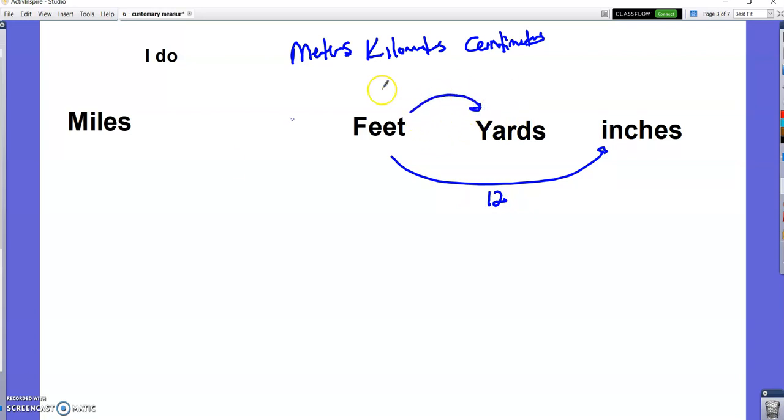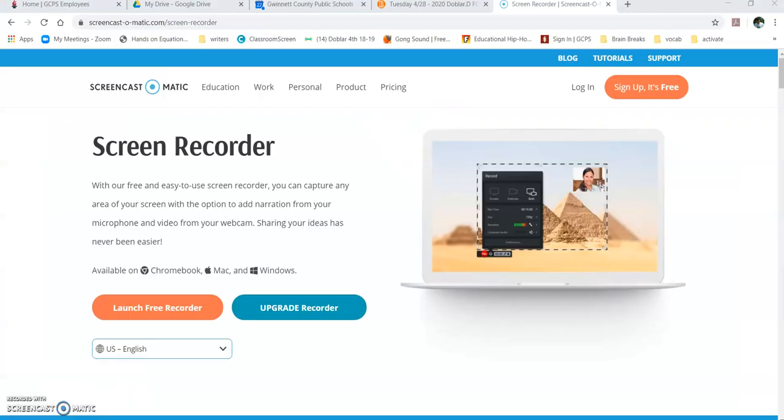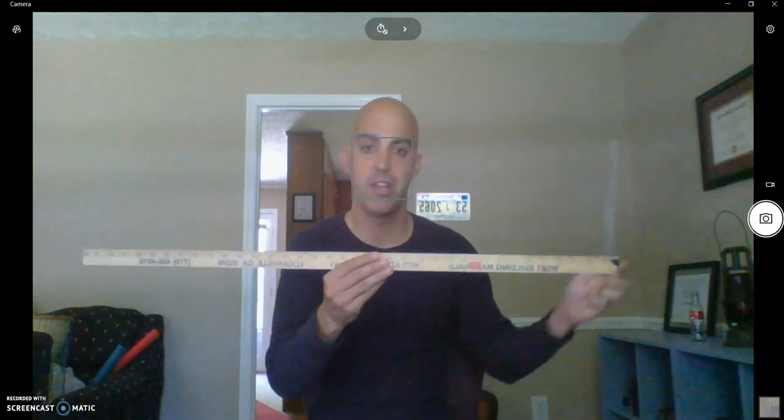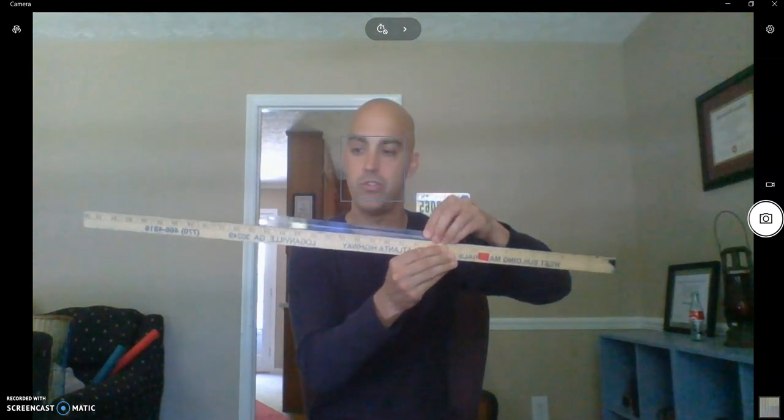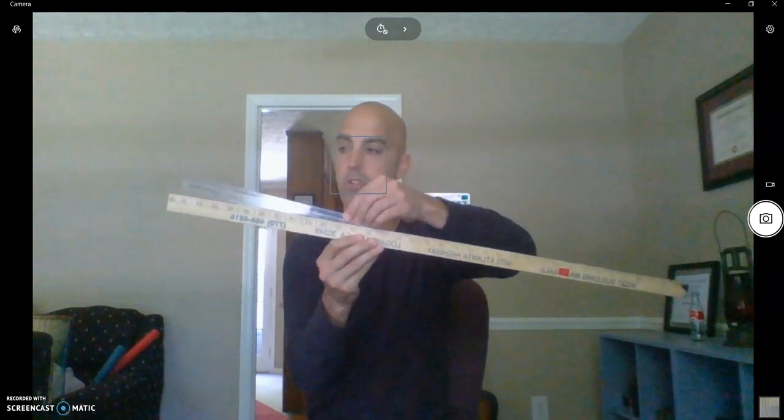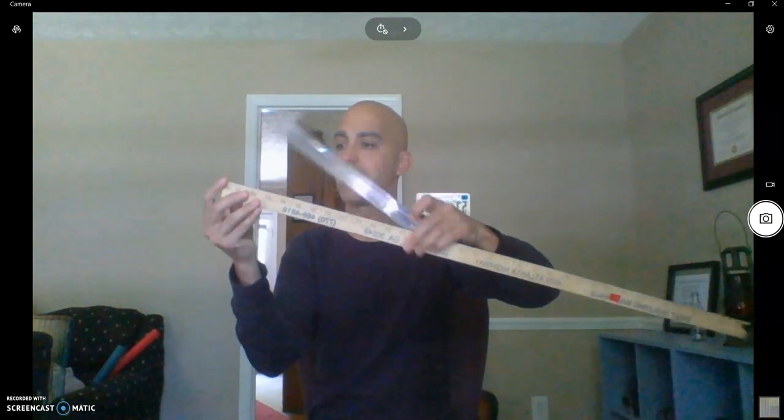Yards are another one. Yards are 3 feet. They are very close to a meter. I've got a meter stick here we looked at back in metric, and if I measure 3 feet out on there, 1, 2, 3, it's like 2 more inches and it would be a meter.